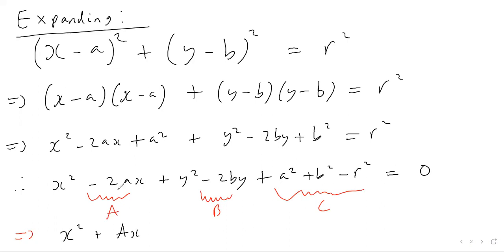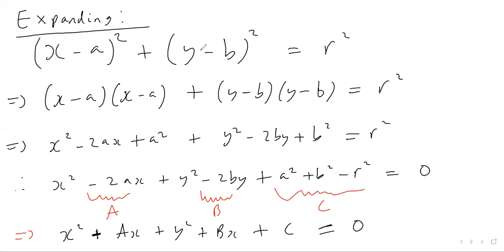I'm calling this negative 2a capital A, but it doesn't really matter. Then plus y squared. Again, I'll call this negative 2b a positive capital B, so plus capital B y, and then plus this constant at the end, C, is equal to 0.